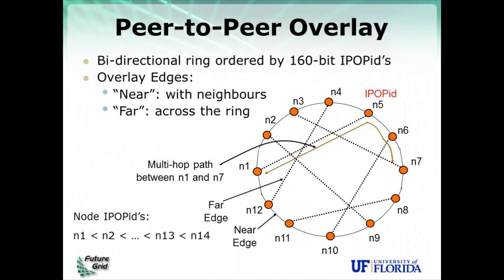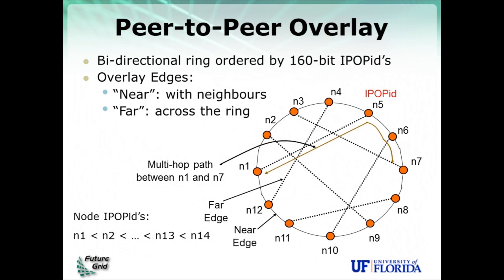There are two major types of edges, and the edges here are the connections between these nodes that allow messages to be transmitted from, let's say, node 4 to node 5. The two important kinds of edges are the near edge, which connects nodes with their immediate neighbors in the IPOP identifier address space. In this example, N11 and N12 are connected by a near edge, and the far edge connects nodes across the ring.